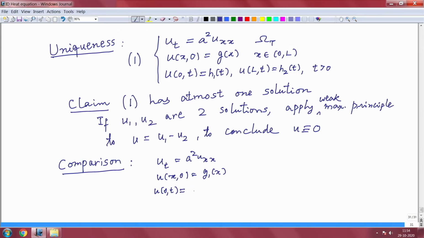Okay, for simplicity just let me take the same thing, but you can take different things, just for writing things. And you also take another one, another initial data.